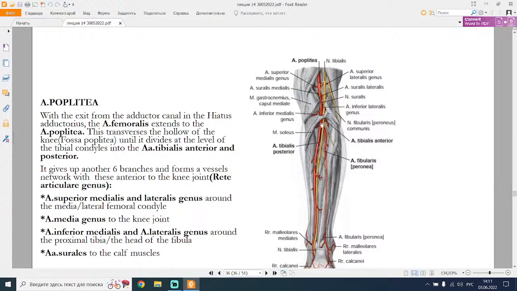What you see, arteria tibialis posterior. It gives off another 6 branches and forms a vessel network with the anterior to the knee joint, rete articulare genus.